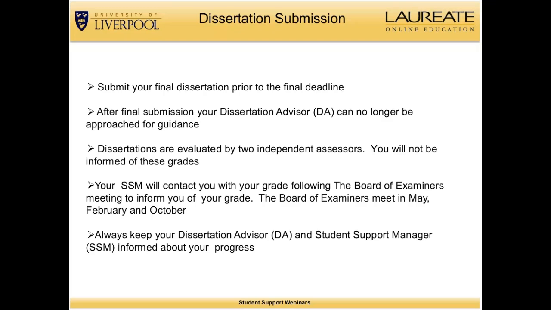The grade has to be approved by a board of examiners, and your SSM will contact you to tell you your grade once that board of examiners has met. These board of examiners meetings take place in May, February and October each year. So depending on your submission deadline, it may take some time before the board has reviewed your work and has approved your grade.